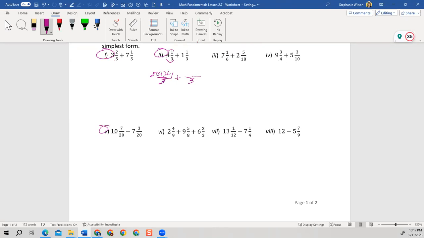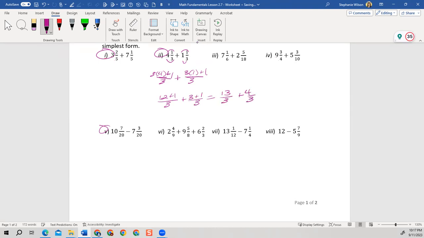And then I'm going to do the same on this next one: this denominator times this whole number plus the numerator. So 3 times 4 is 12 plus 1 over 3, plus 3 times 1 plus 1. Got 13 thirds plus 4 thirds.